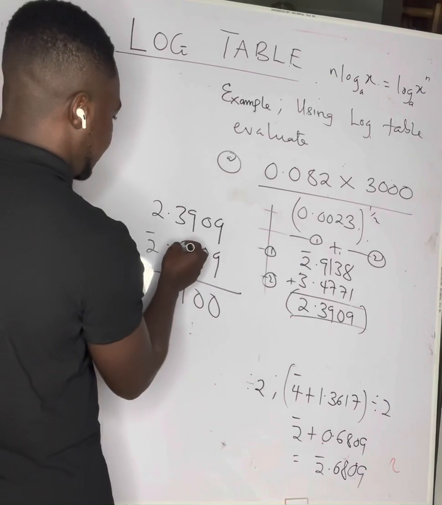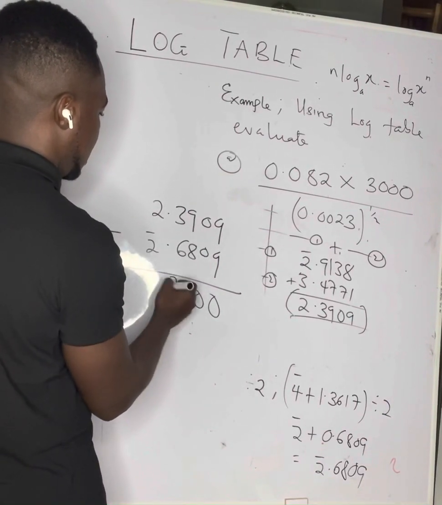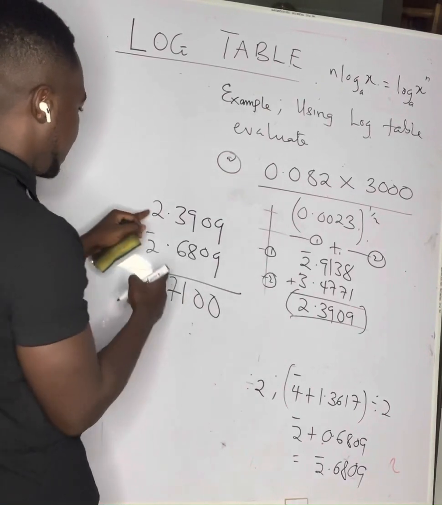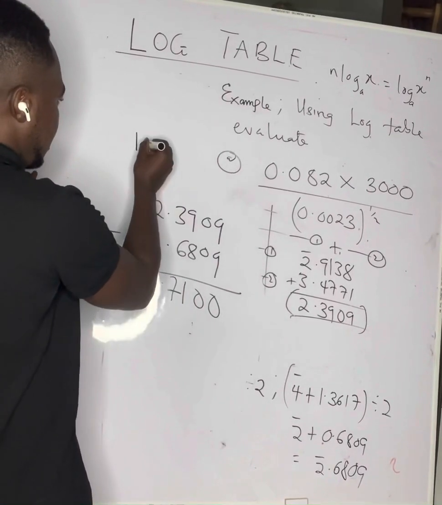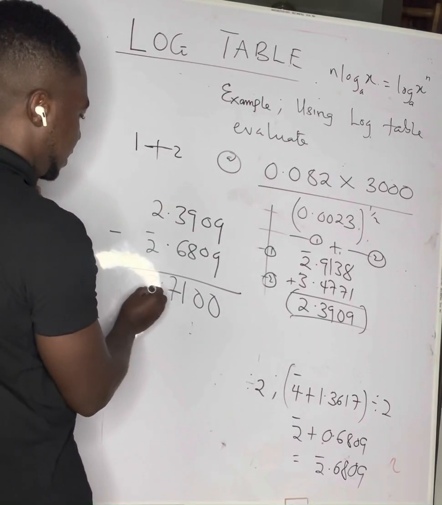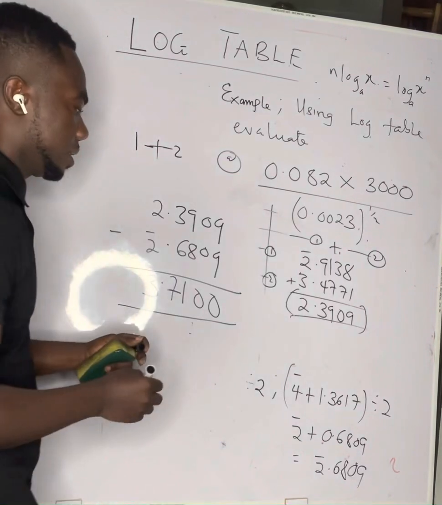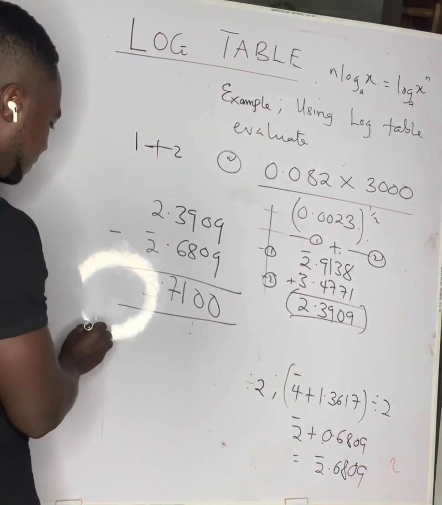Then 13 minus 6, 7, 4 plus 3, 7. Points here remain with 1. So I have 1 minus 2, so making it plus, positive 3, as in this. So our final answer.